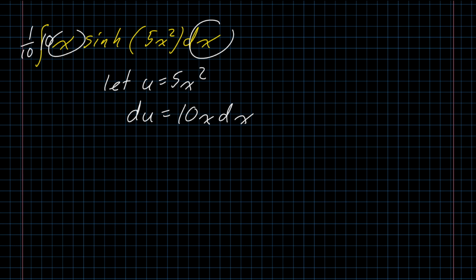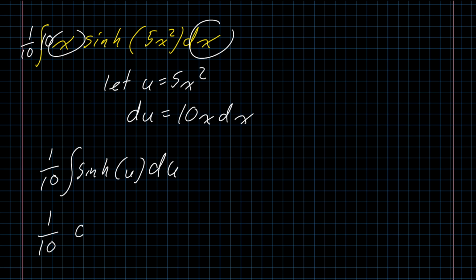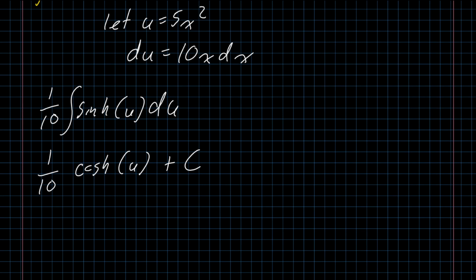So multiply by 10 and by 1/10 so that everything works out. And we have 1/10 integral sinh of u du. Integral of sinh is cosh, so we have 1/10 cosh of u plus our constant of integration, and then substitute back in, u is 5x squared, so all told 1/10 cosh of 5x squared plus our constant of integration.